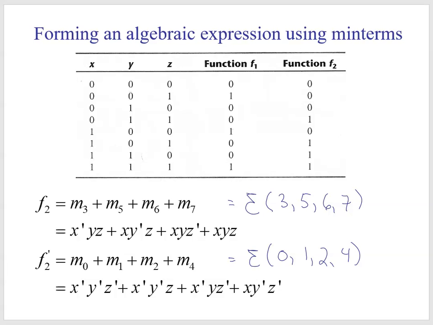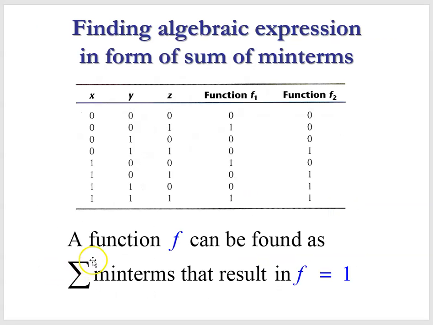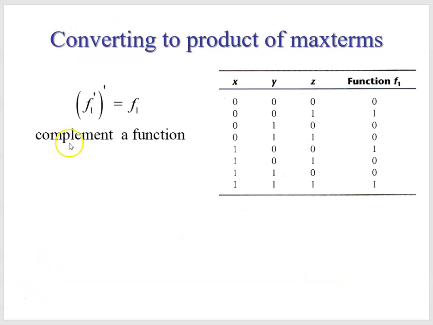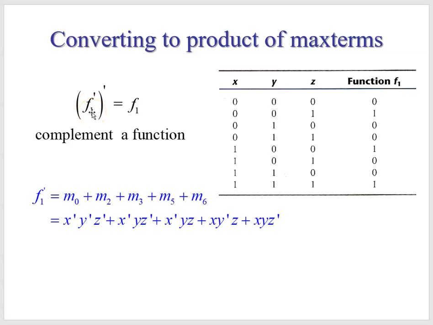So this just shows what we did there. So finding an algebraic expression in the form of the sum of minterms, the function f can be found as the sum of the minterms that result in f equaling 1. So if we want to convert then to a product of max terms, then we can complement a function. So we need f1 prime prime, the double complement, right, gives us that.